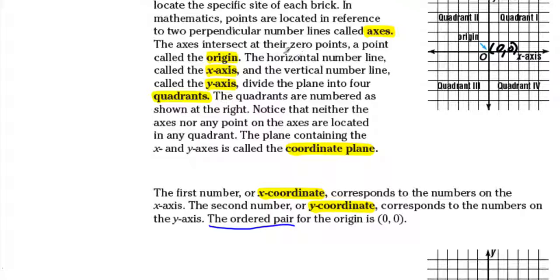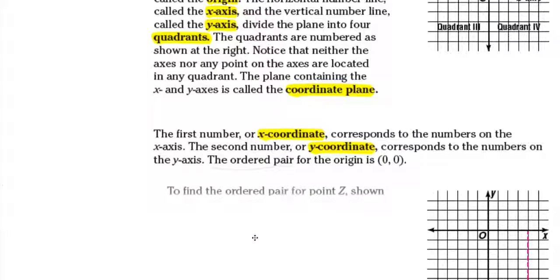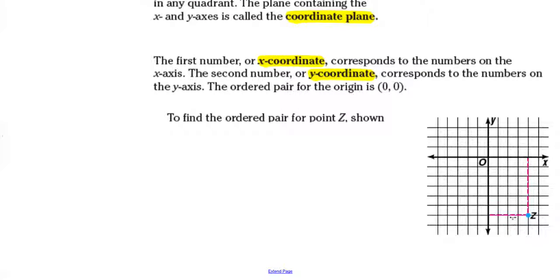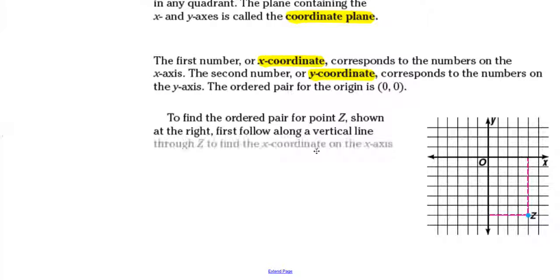Okay? Moving on, to find the ordered pair for point Z, right here, first follow along the vertical line. So you always follow along the vertical line, or the line going up and down, through Z to find the x-coordinate on the x-axis.